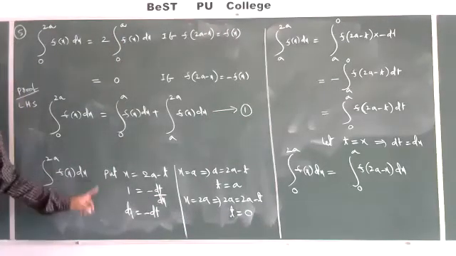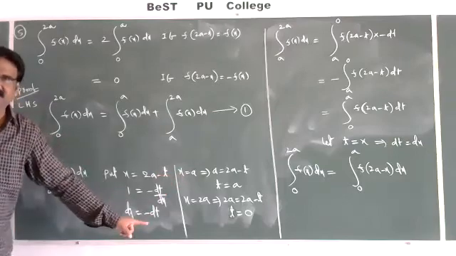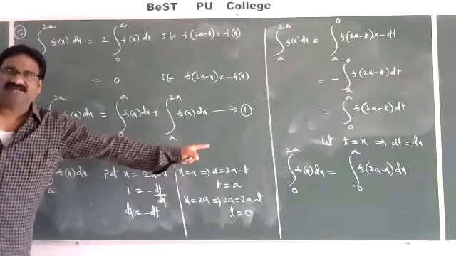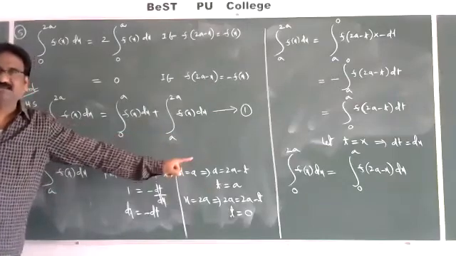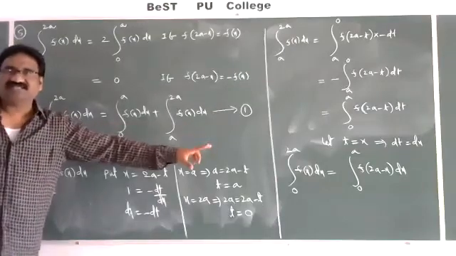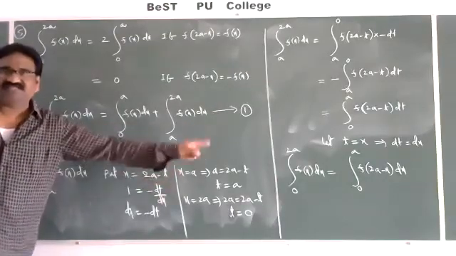Here we proved the fifth property in the textbook. This is the fifth property. The sixth property includes the fifth property. That's why I am not discussing the fifth property; directly I am discussing the sixth property.